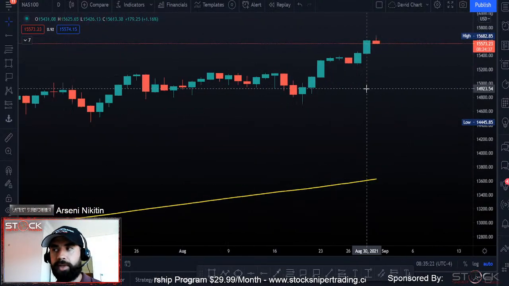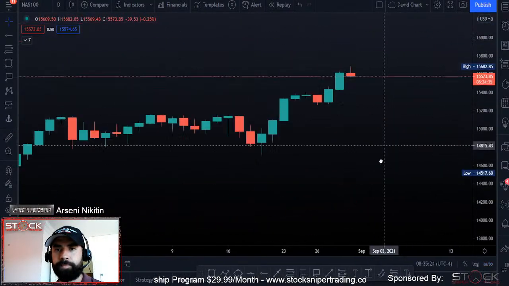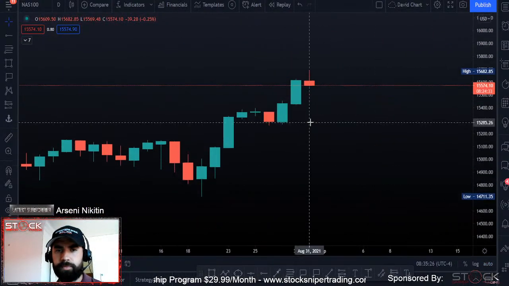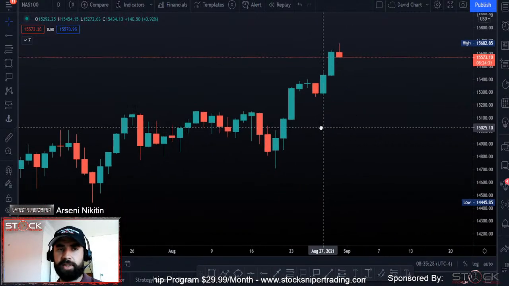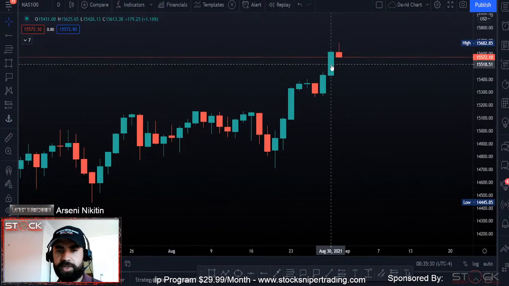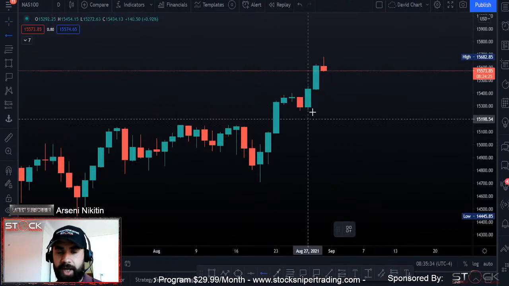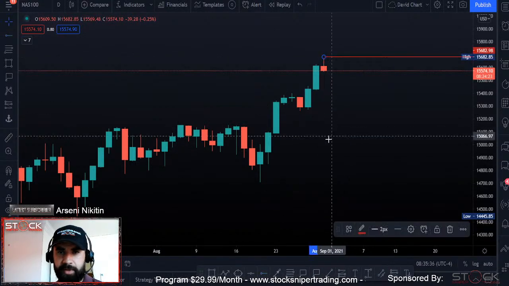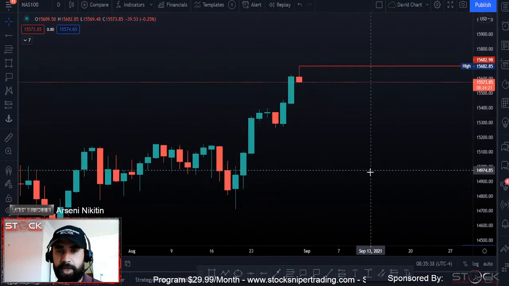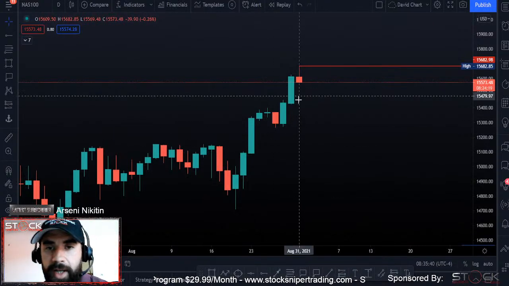So now we're going to go from the daily. Look at Nasdaq. We caught this yesterday. Look at that big bullish candle. Insane. I honestly couldn't really believe it yesterday, but like I said, anything can happen.